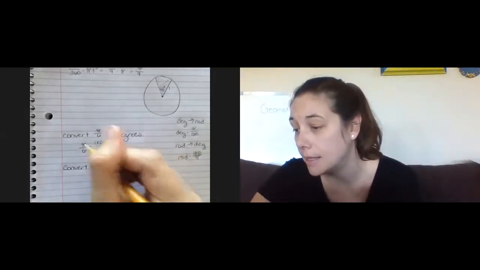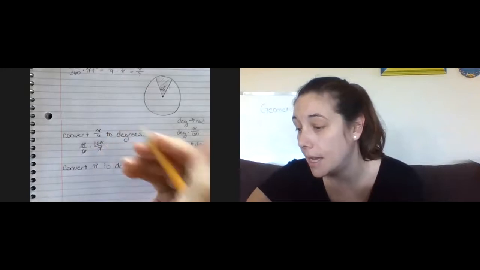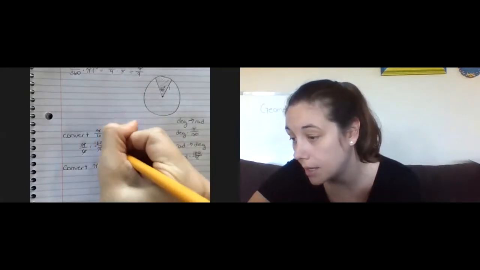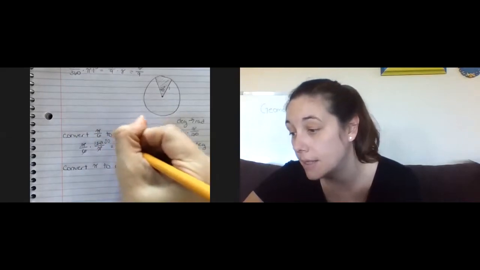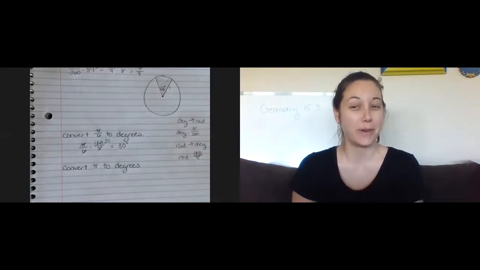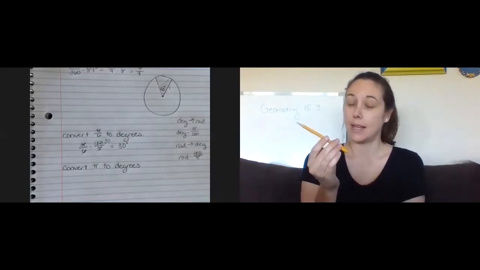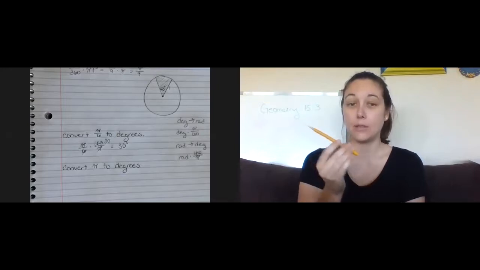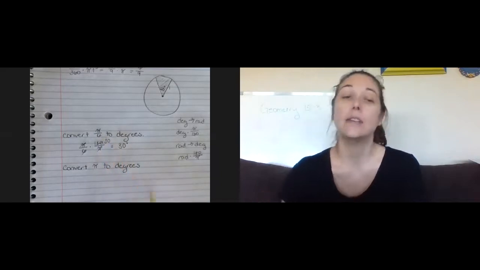These pi's eliminate, and 6 goes into 180 30 times. 1 over 1 times 30 over 1 is 30 degrees. And if you remember your unit circle, you remember that that first line represented 30 degrees, or 1/6 pi. So pi over 6 equals 30 degrees.